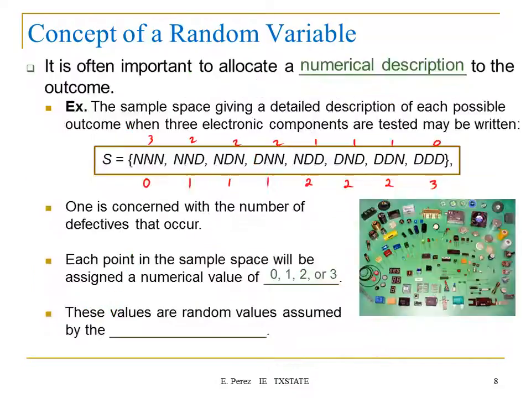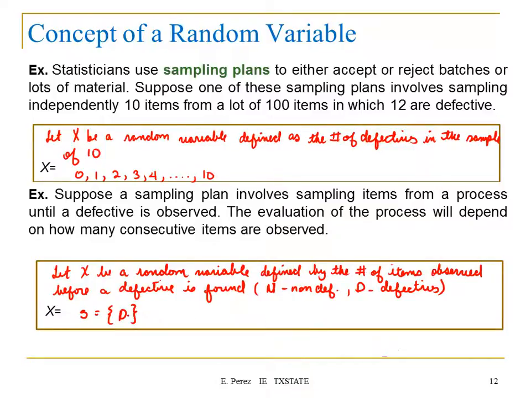on this outcome, if X equals 1, right? Now, if the sample space equals ND, then we know X will equal 2.